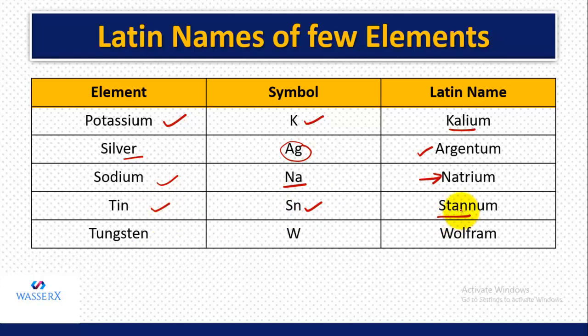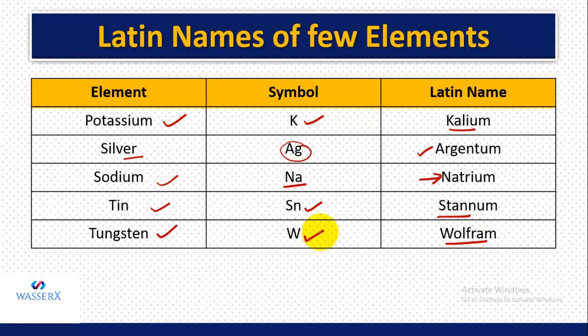So it can be like this for a few elements also. So these are a few exceptions, where it is not the first two letters but something other than that, that is the first letter is taken and some other letter from the word is taken. We have tungsten, its Latin name is wolfram, and the symbol used is W.